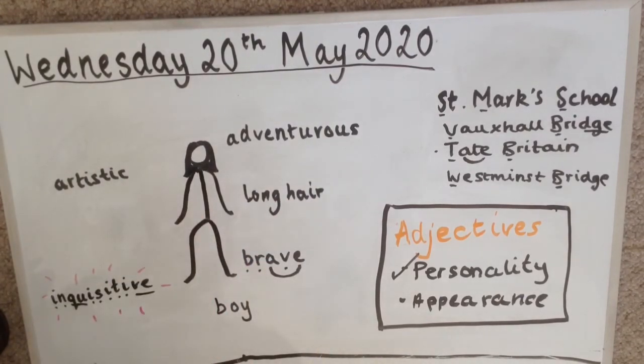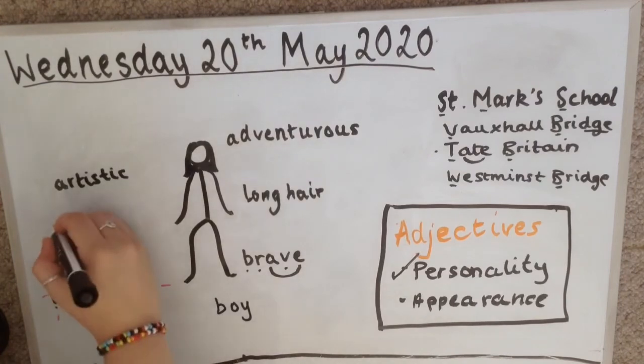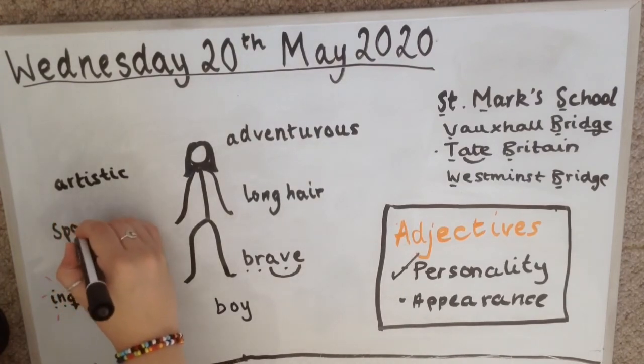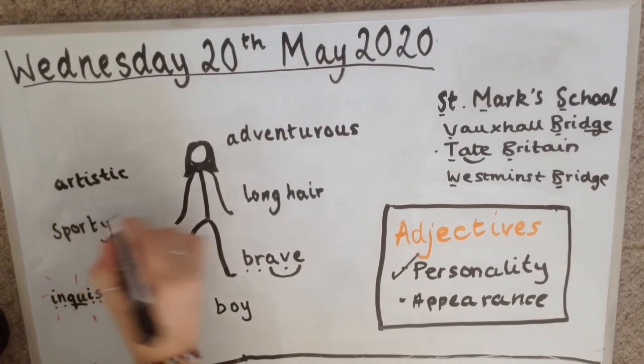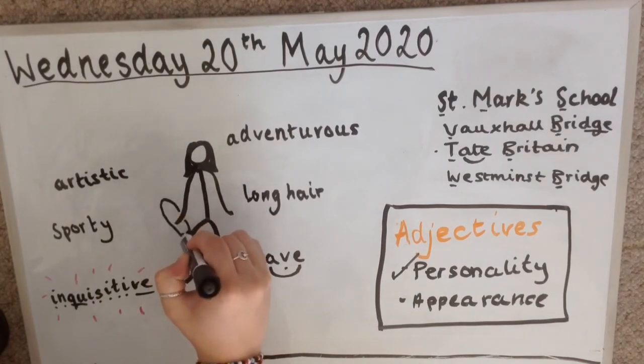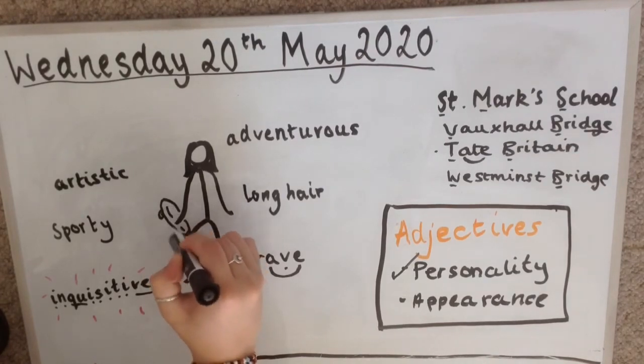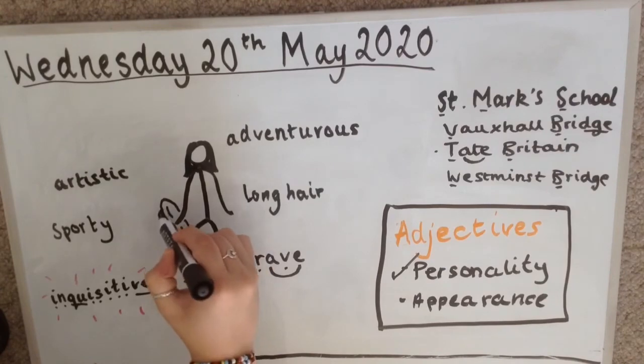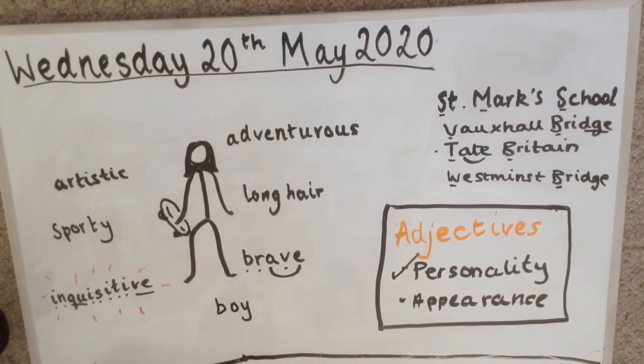Long hair. I think also, I'd quite like, this kind of is a bit of personality and appearance. I'm going to decide that my character is going to be also quite sporty. And to show that, I'm going to draw a skateboard. There we go. Because I would like my character to be quite sporty.